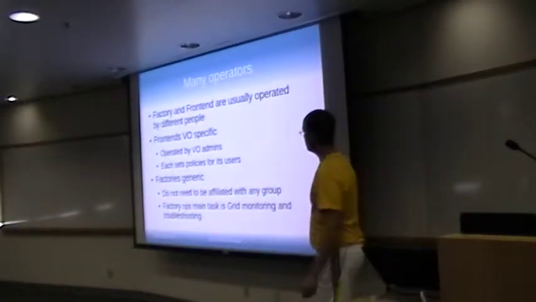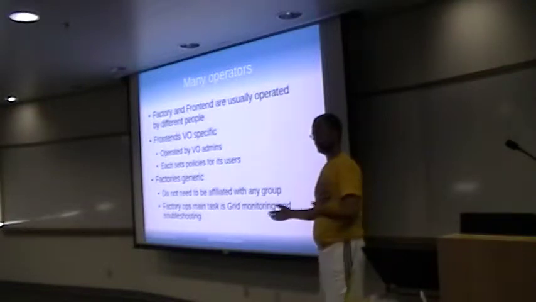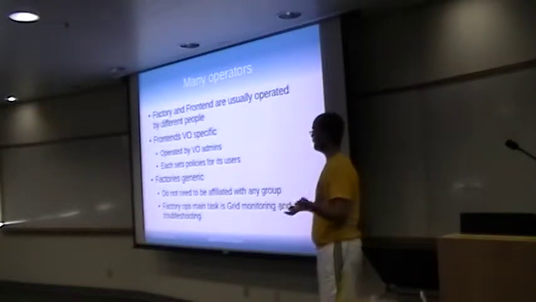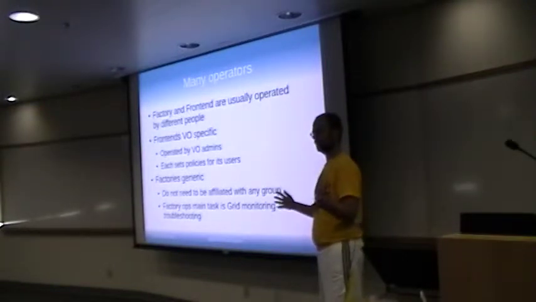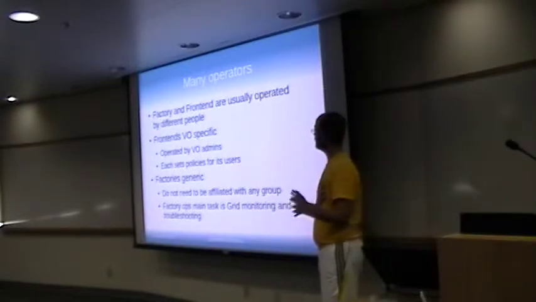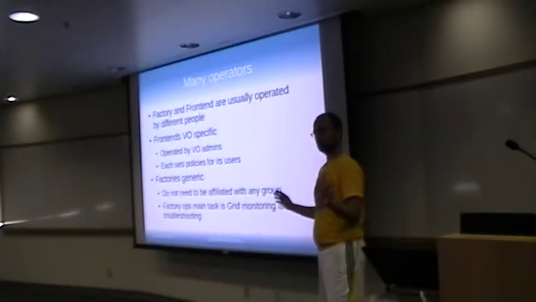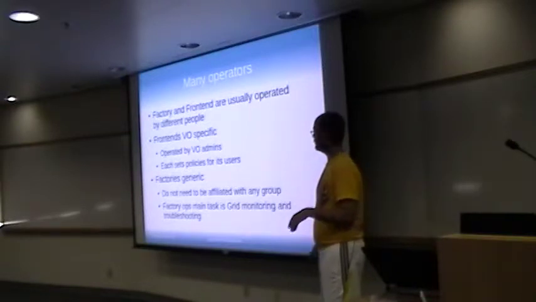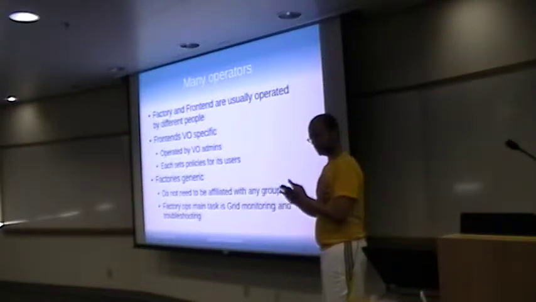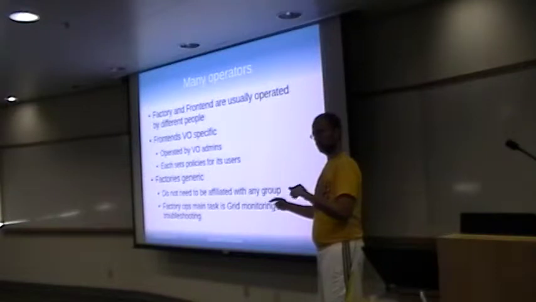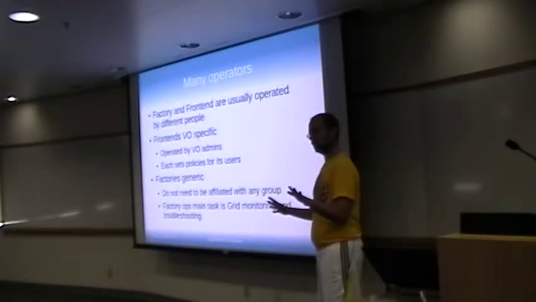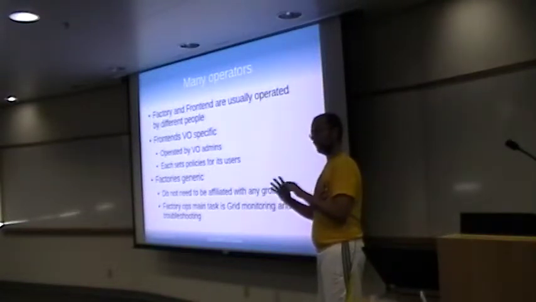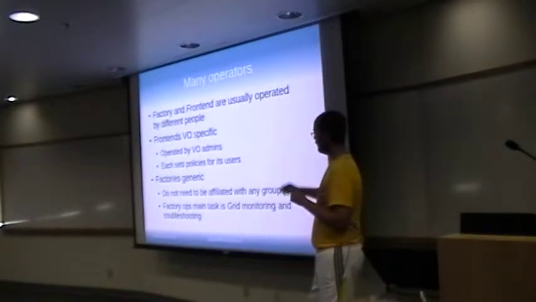This brings us to the next slide, which is that you really have multiple operators. The factory and the front end services are typically operated by different people. As I said, there may be a few exceptions. The front end is VO specific and it's operated by the VO admins. And you set the policies of your users, whatever your users need, any customization, it's done there.